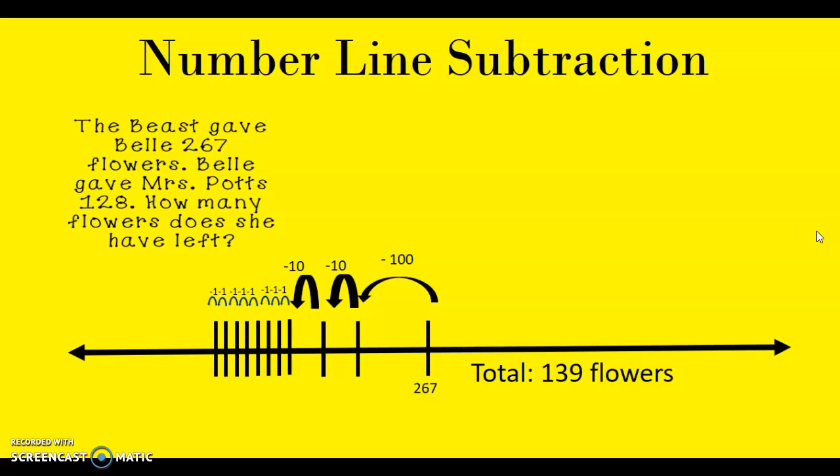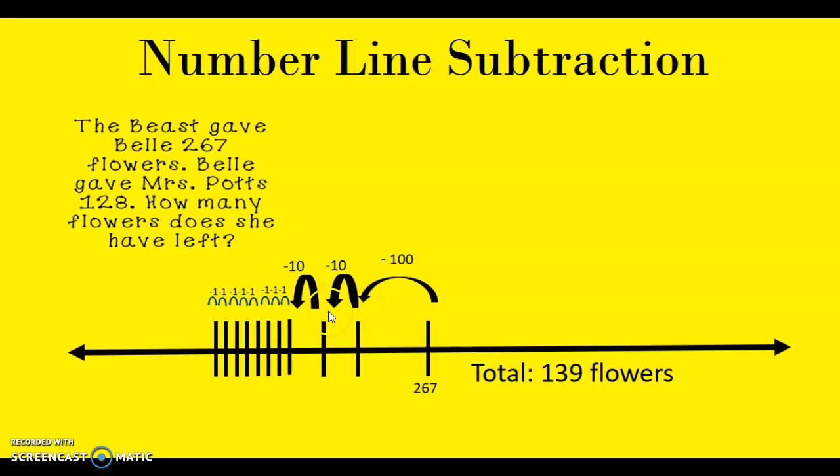Okay, number line subtraction, same thing as addition, but remember when we go backwards to the left on the number line, we're always moving down and taking numbers away. When we move to the right, we're going up and adding numbers. So we're starting at 267. Remember, you want to make that first big jump of 100 because we're taking away 100.